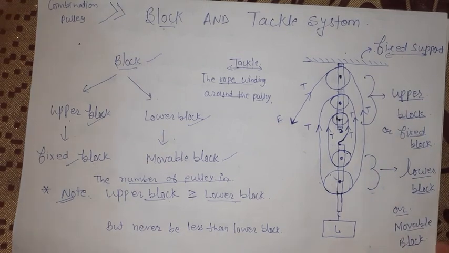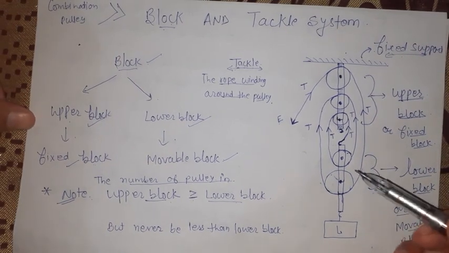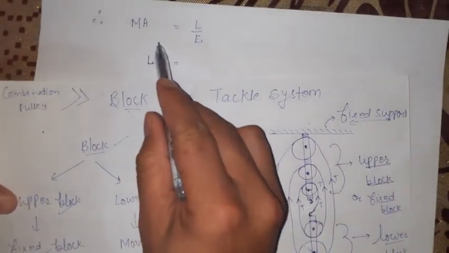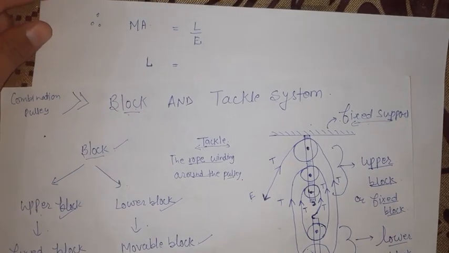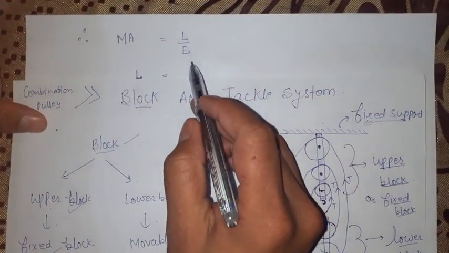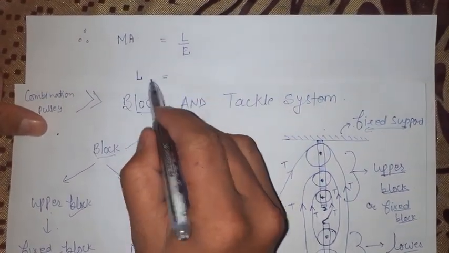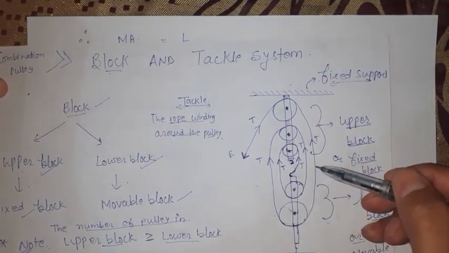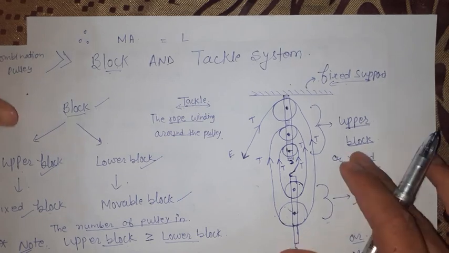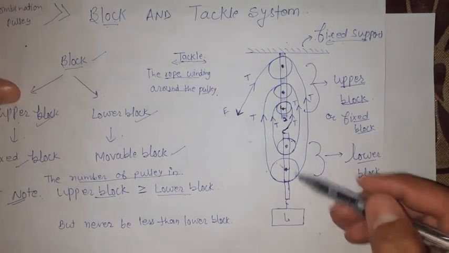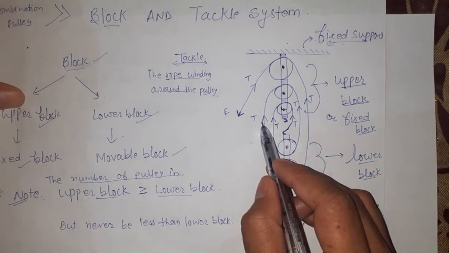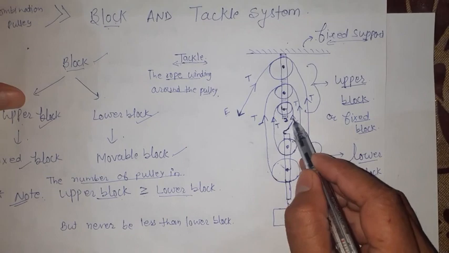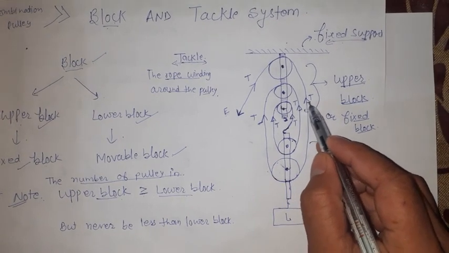Okay, so now let us check over here, students, what its mechanical advantage will be. As we know, how do we write the mechanical advantage? Mechanical advantage is given by the ratio of load to the effort. Now you need to look over here at how many tensions in the rope are going to support this load. You will find that one tension is this, second tension is this, third tension is this, fourth tension is this, fifth tension is this.